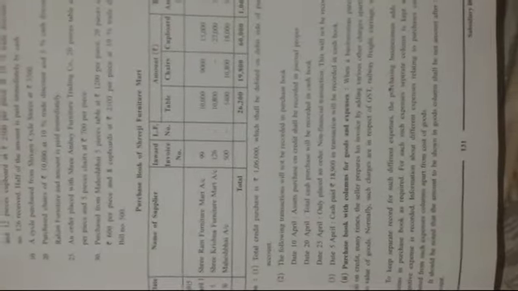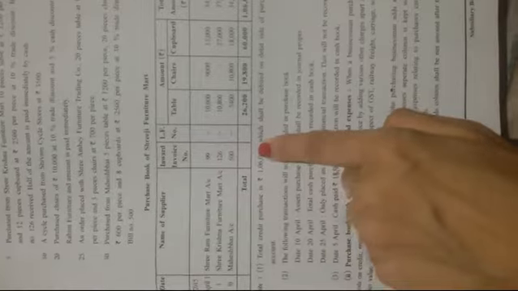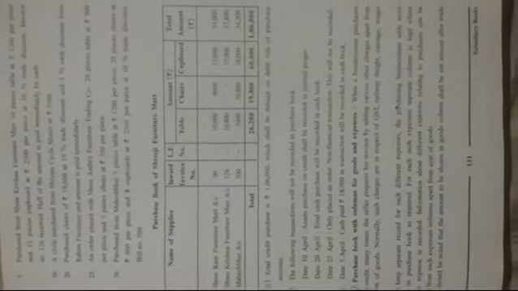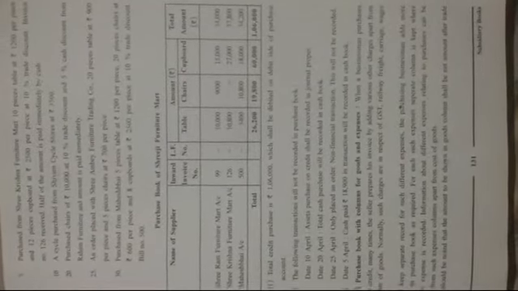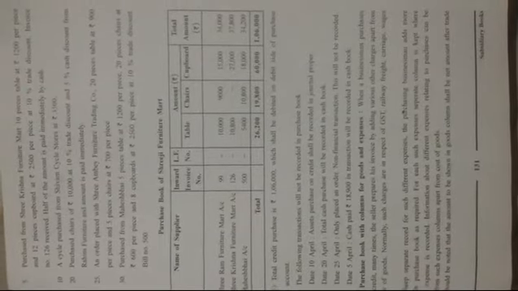So first of all, let's see how to prepare the table for this. The first column would be date, second would be name of the supplier, third would be invoice number, fourth one would be LF number, and in the question, Shriji Furniture Mart deals with tables, chairs and cupboard.